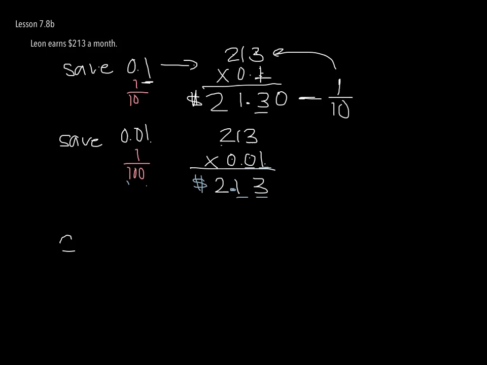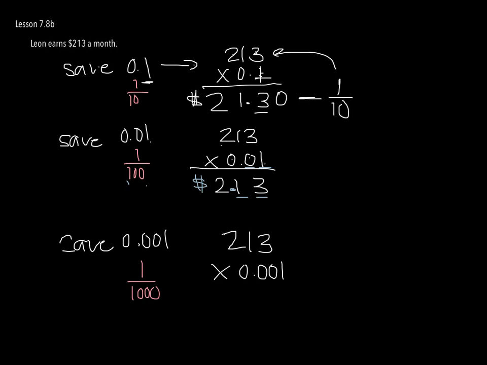Now let's do one more portion of this problem. What if he decides to save 0.001, or in this case 1/1000th of his paycheck every month? So we're going to take 213 times 0.001, and we're going to multiply that out. Each time we multiply 213 by whatever that 1 is, we're going to get 213. And then we have to check and see how many numbers to the right of the decimal point.